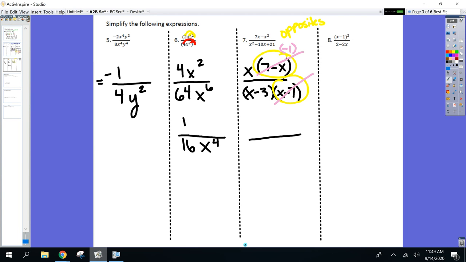What type of x? Negative x? Yep, because -1 times x. I'm left with a negative x. And what's still left on the bottom, Colin? x minus 3. Quick question, Colin. You think I can cross off those x's? No. Good work.